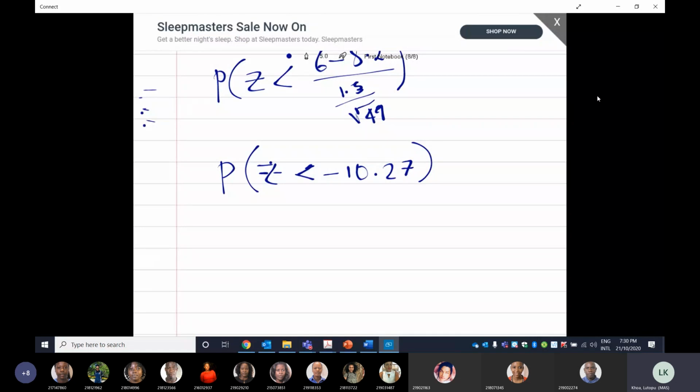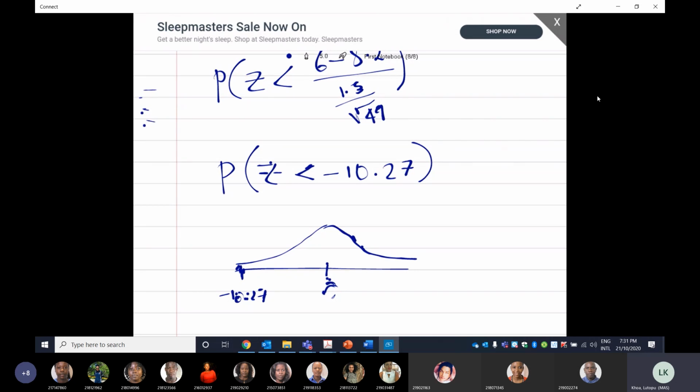So on our curve, 0 is right in the middle, and negative 10.27 is to the left of 0, pretty far from 0, so it's going to be somewhere here. So we're looking for this small area over there.